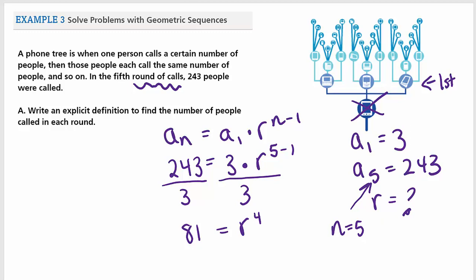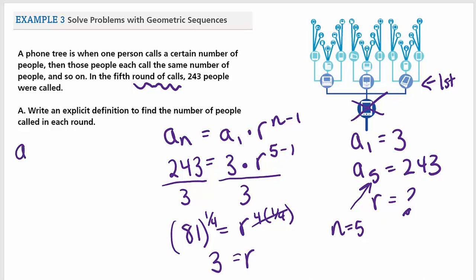To remove that exponent, we're going to raise both sides to the power of 1/4. The right-hand side will simplify to equal r, and the left-hand side will simplify to equal 3.